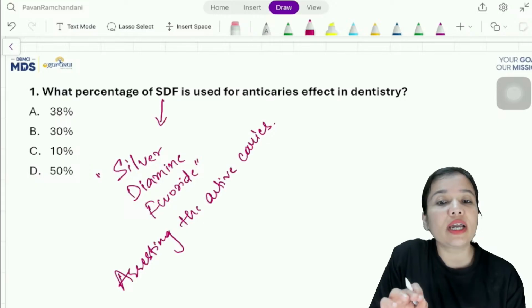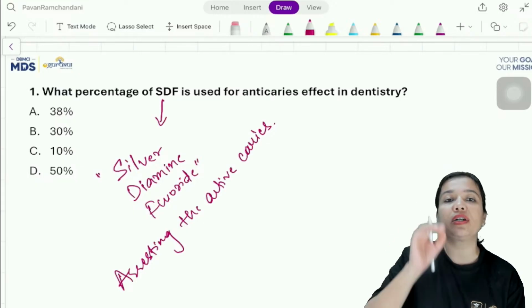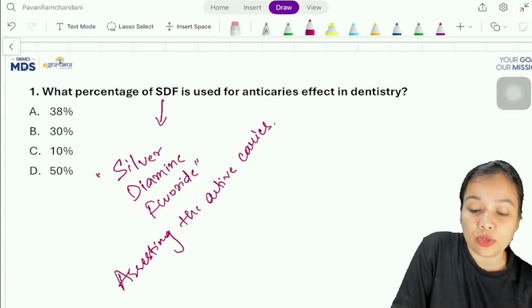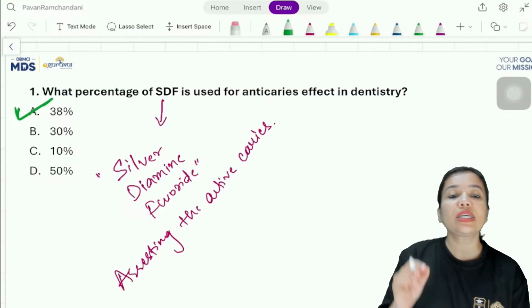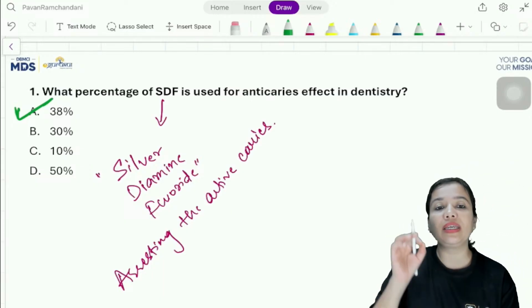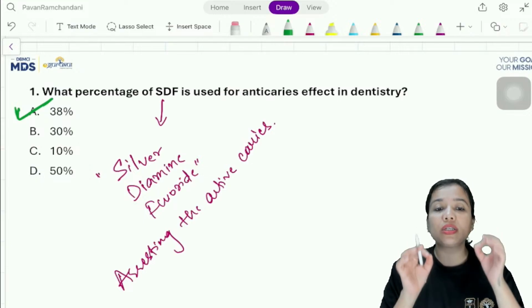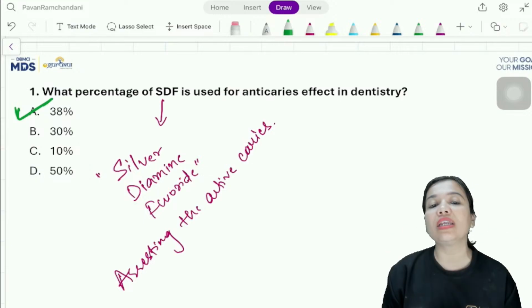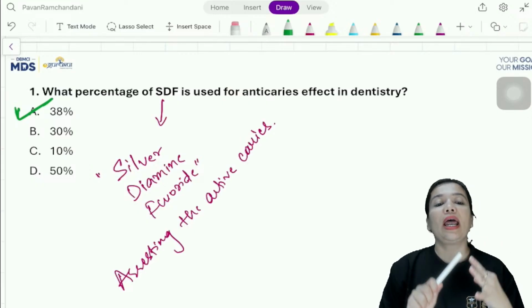Now, silver diamine fluoride is commonly available in a concentration of 38% for dental use. So, the answer here becomes 38%. The percentage refers to the concentration of the active ingredients of the solution, that is silver, fluoride and ammonia.